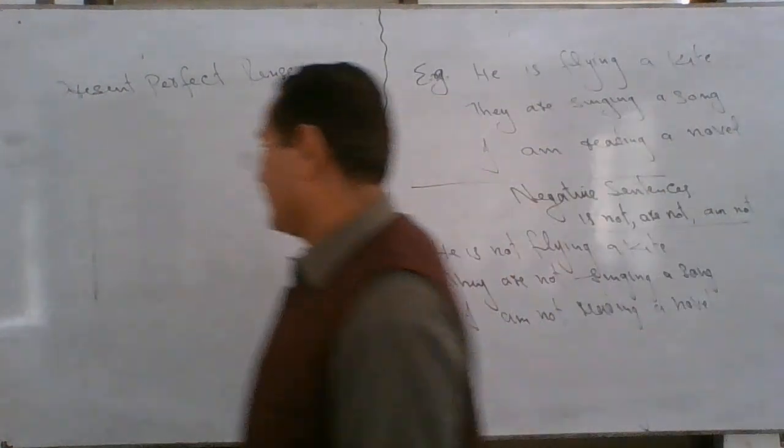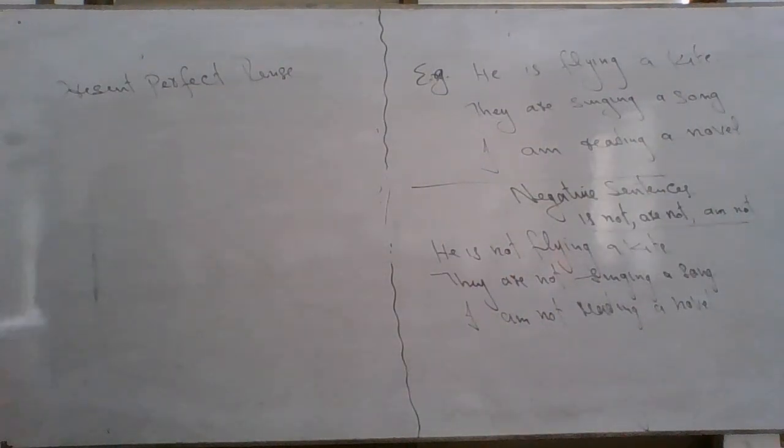Or you can also say something that started in the past and still continues, or ended in the very recent past. Mostly we use this present perfect tense for those actions which have very recently ended.